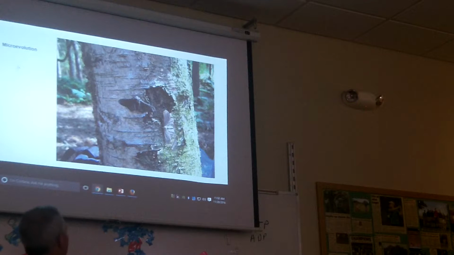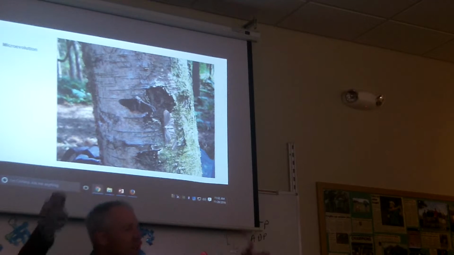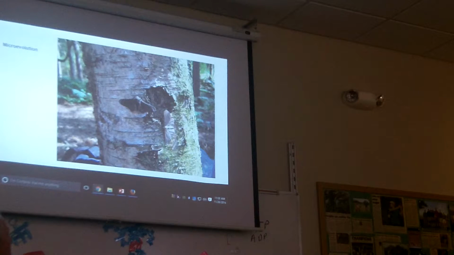So what happened was, in this area where they were studying these things, a bunch of factories moved in nearby and started producing a lot of smoke and soot, which killed the lichens on the trees and caused the trees to turn black. And all of a sudden, the white ones were getting eaten and the black ones were surviving.